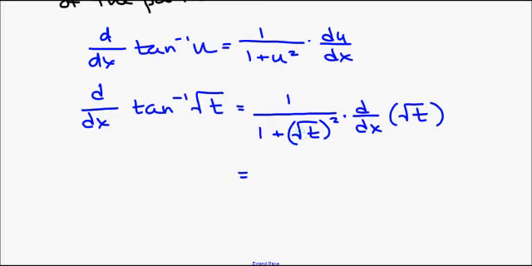Now, square root and square are going to cancel. So I'm left with 1 over 1 plus t for the first part of this. The derivative of square root of t, well, this is really t to the 1/2, is going to be 1/2 times t to the negative 1/2.